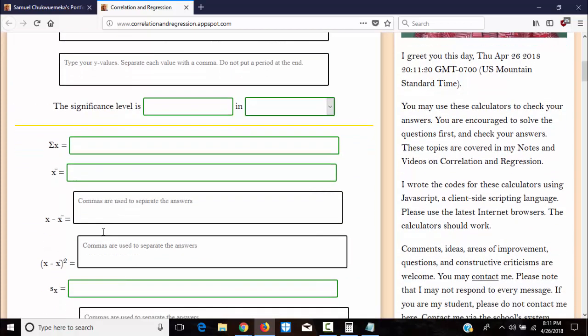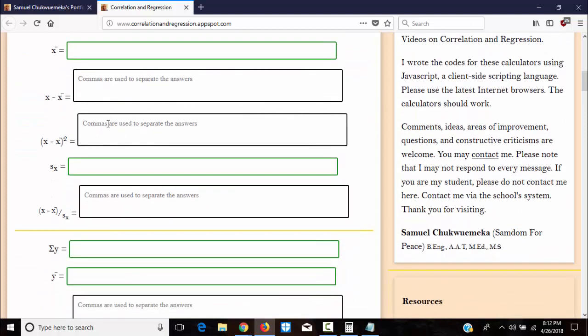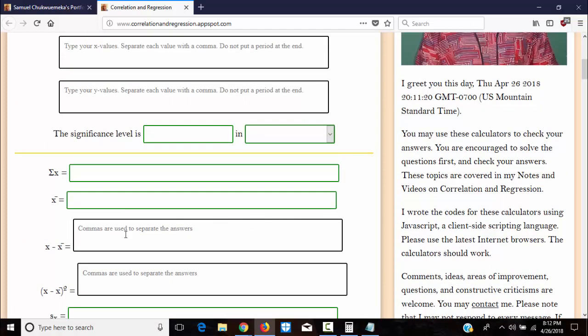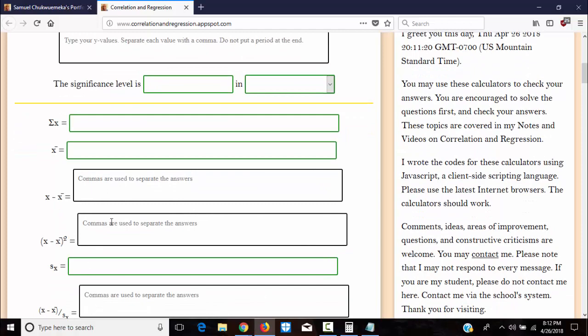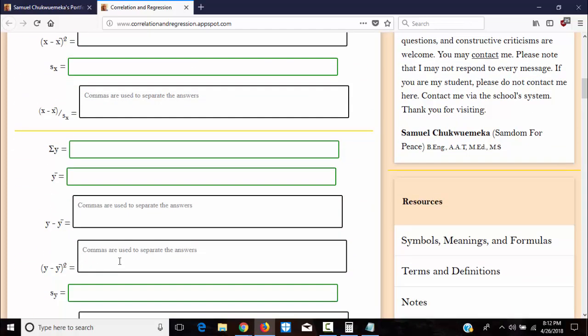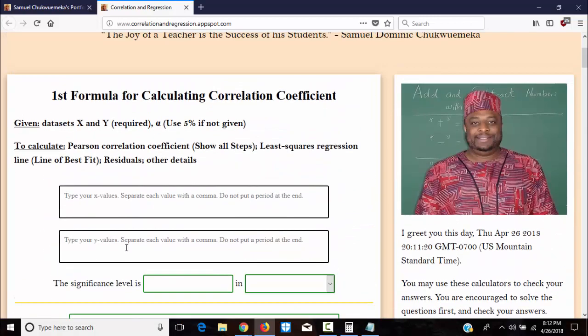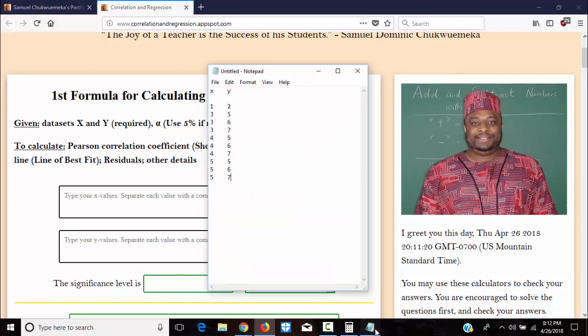This is the way you can check your work to show whether you got all the steps right. Your professor most likely will want you to set up a table for the x and the y and all these steps to calculate it. So you can use this to check whether you made any mistake in any step.